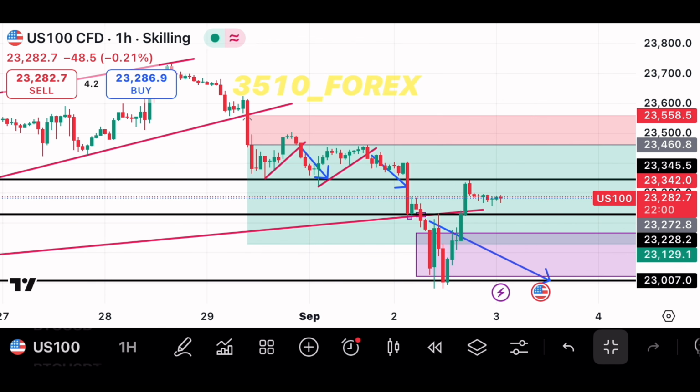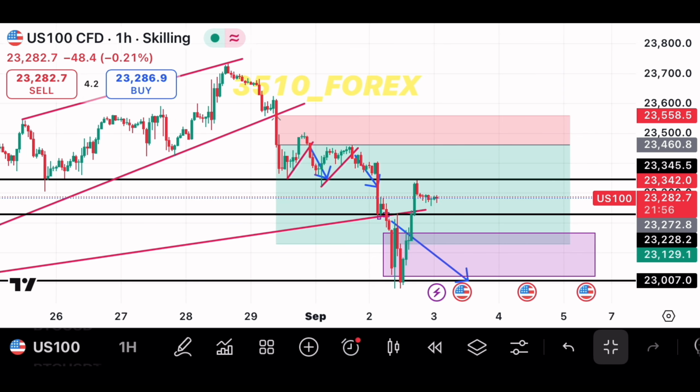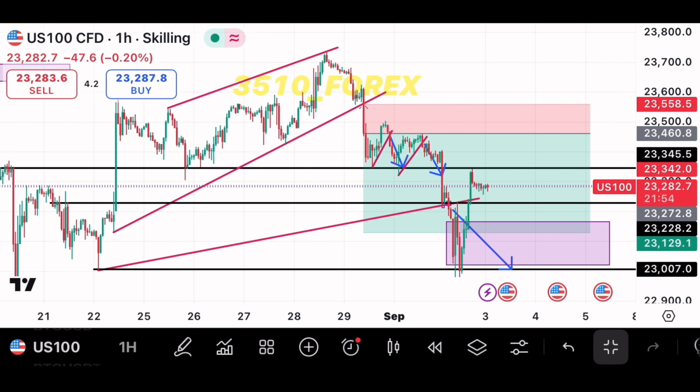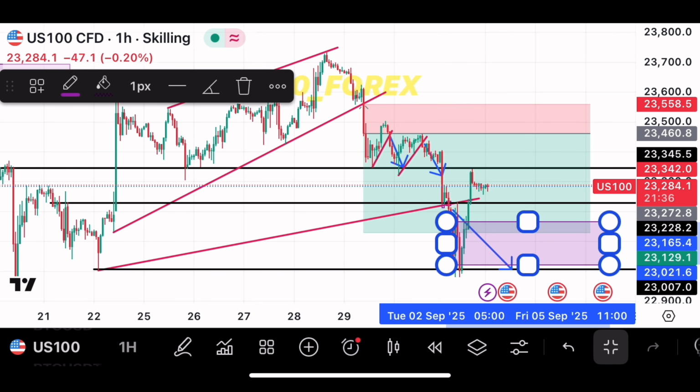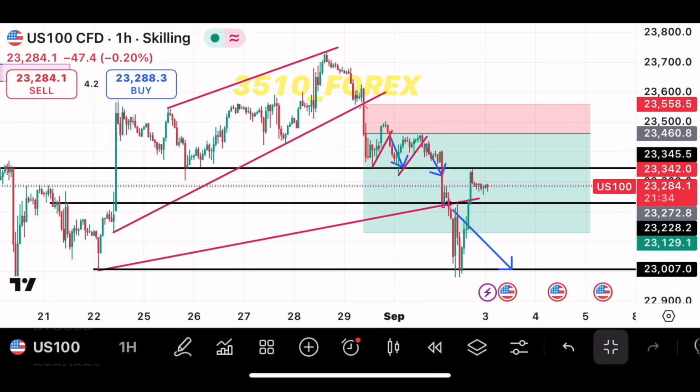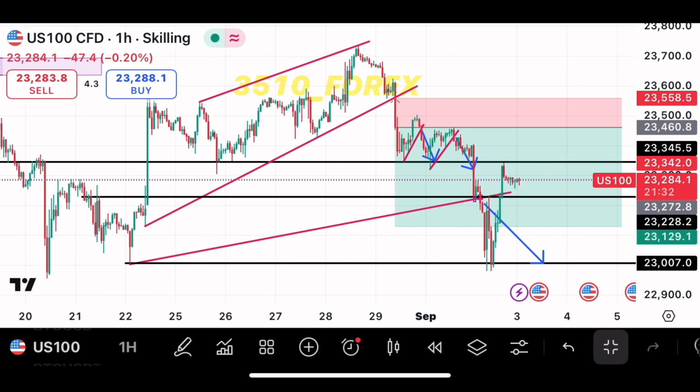For now, it is just being crazy and milking those people who saw other traders making money yesterday and think they will make money today. If you're a good trader, you won't trade Nasdaq today, or maybe you will. It's a 50% chance, and I don't want to risk my money. And yeah, that is it, guys.